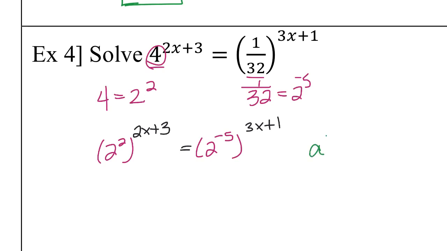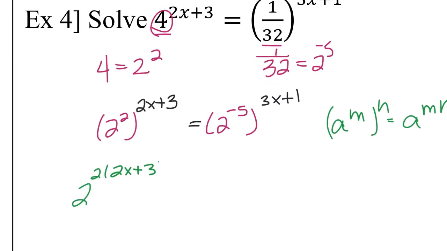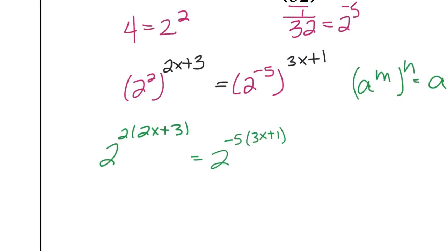Now let's use our property of exponents and multiply the exponents together since they're raised to each other. So 2 and then 2 times 2x plus 3, all in the exponent, equals 2 to the -5 times 3x plus 1, all in the exponent.